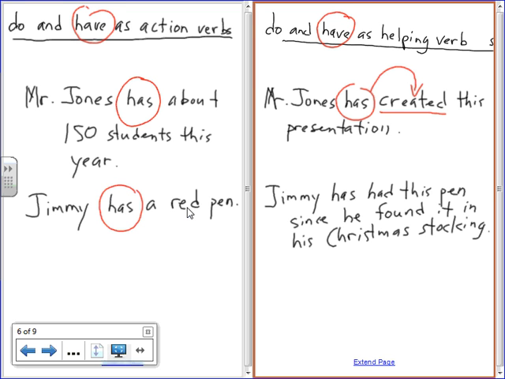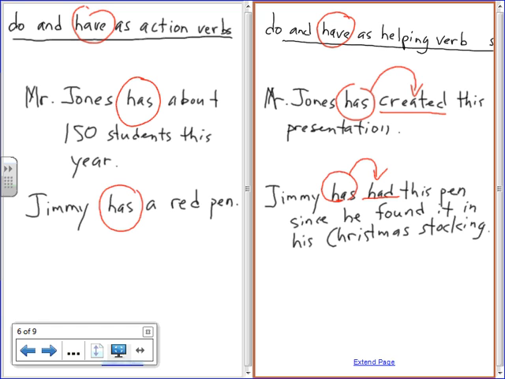In this sentence, we have two forms of have, by the way, next to each other, which could confuse people. But what we want to remember is that the first form of have, namely has, does not have any meaning in itself. Rather, it is accompanying had as a main verb and helping us give some sort of a time frame for when Jimmy has found this pen, or how long Jimmy has had this pen.